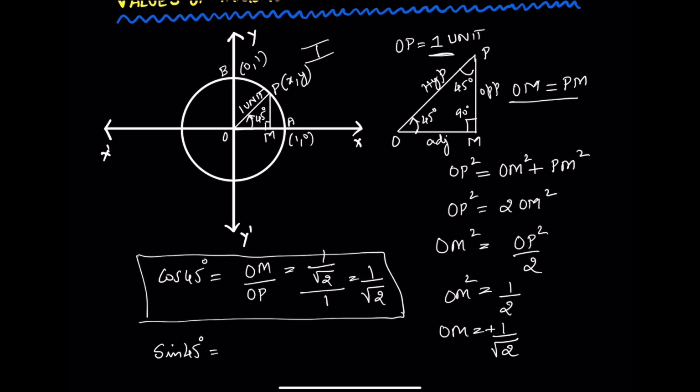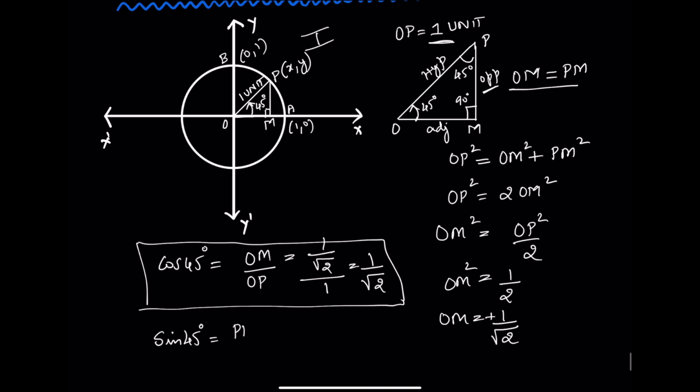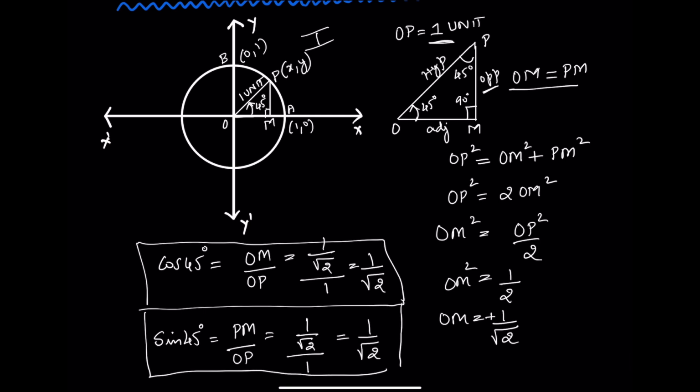Let's look at the triangle. Sine is opposite by hypotenuse. So that would be PM by OP, which is again 1 by square root of 2 divided by 1, which is 1 by square root of 2. So this is how we find the value of sine and cos at 45 degrees, which are both equal to 1 by square root of 2.